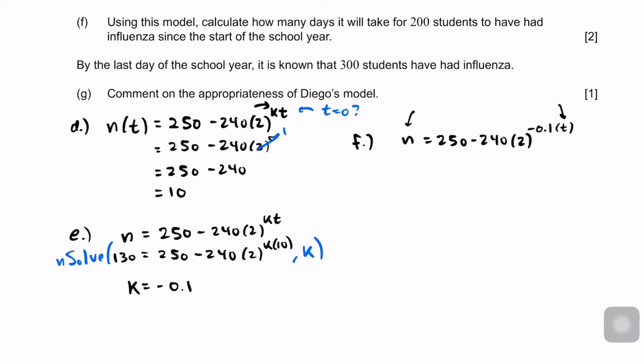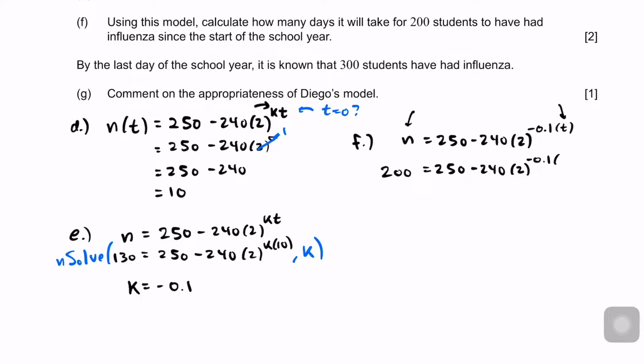That is to say, there's 200 students, at what time would that occur? So remember, this is a function that relates inputs and outputs. We know one of them, we can solve for the other. And in this case, we want to know the time that it will take for 200 students to have influenza. So when n is equal to 200, what would t be?